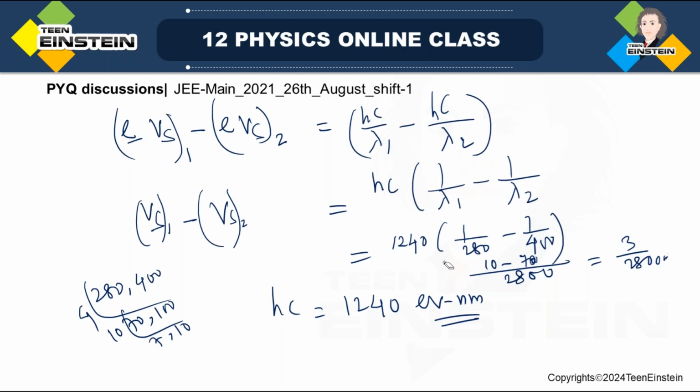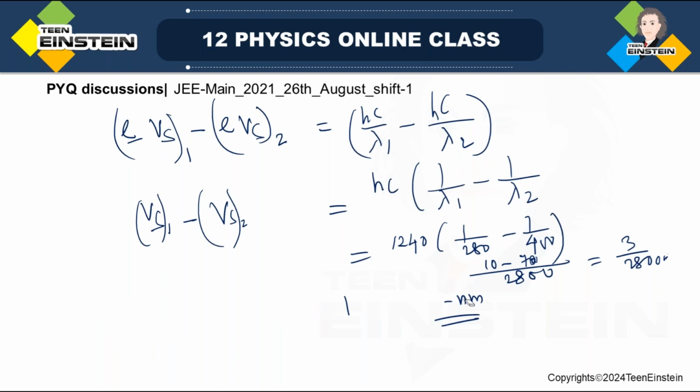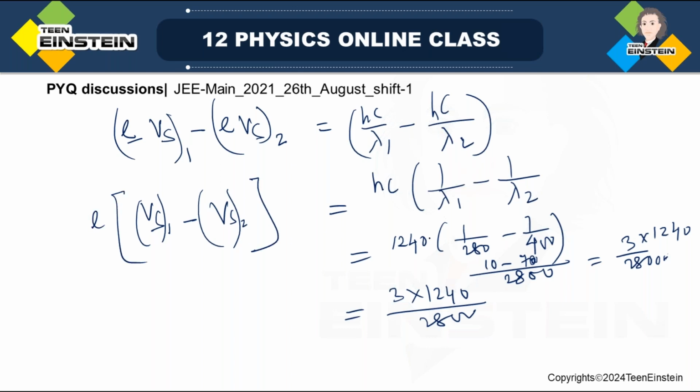So from here, look, this difference we have to find out, where I have hc multiplied with this. Okay, so 3 into this by this. The electron volts will cancel from both sides, so e into V, there will be the dimension of voltage alone.